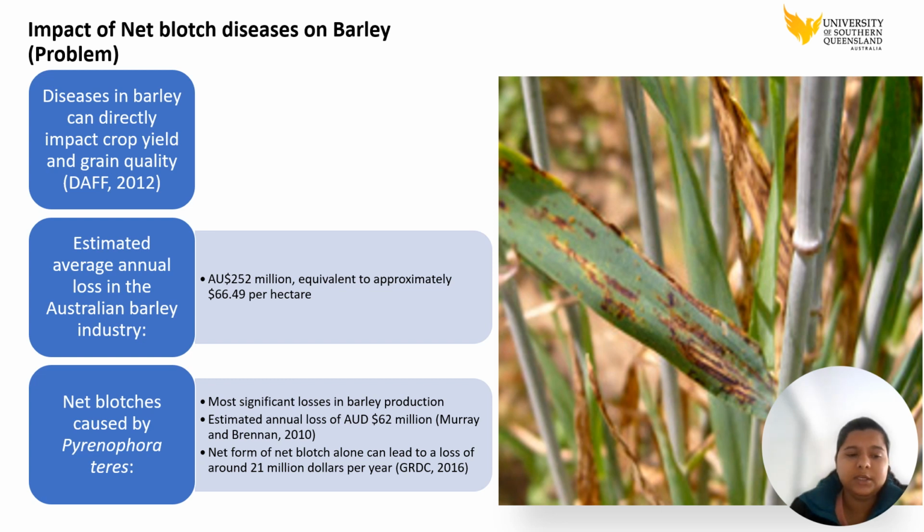Net blotch caused by Pyrenophora teres causes the most significant loss in barley production. The estimated annual loss caused by net blotch diseases in barley is around 62 million Australian dollars. The net form of net blotch alone can lead to a loss of around $21 million per year, which means a lot to the barley industry.